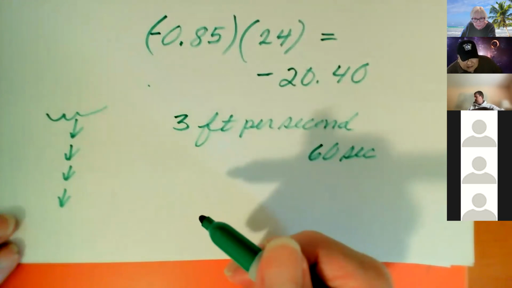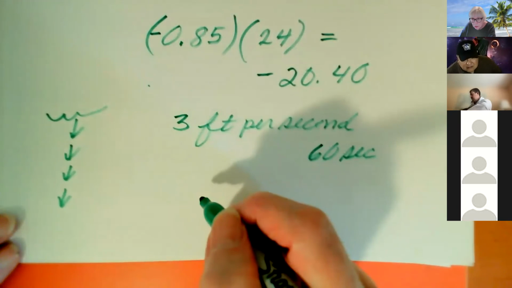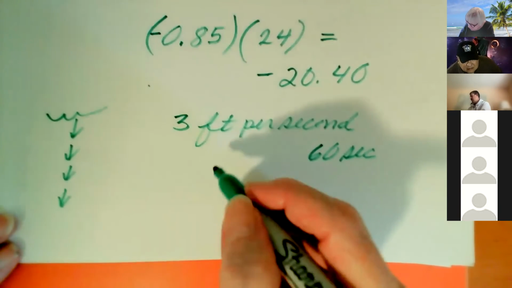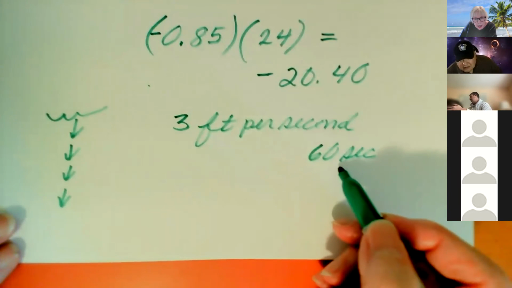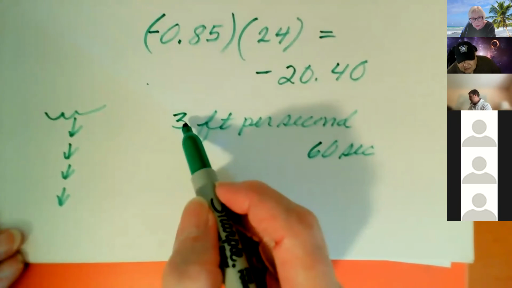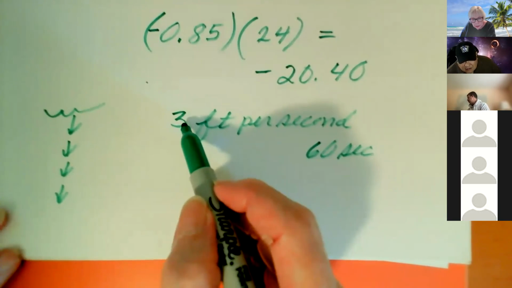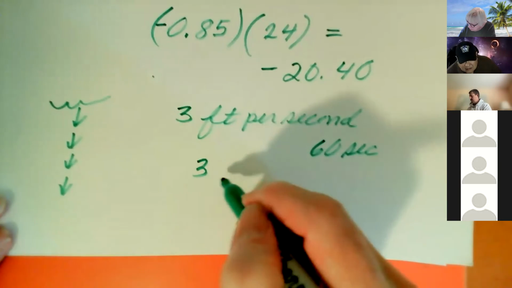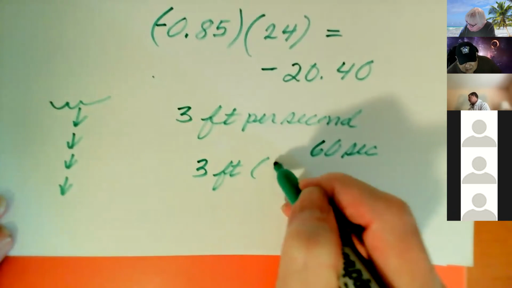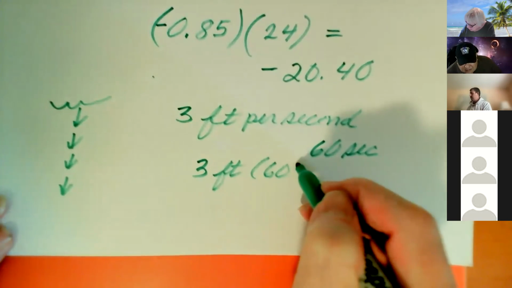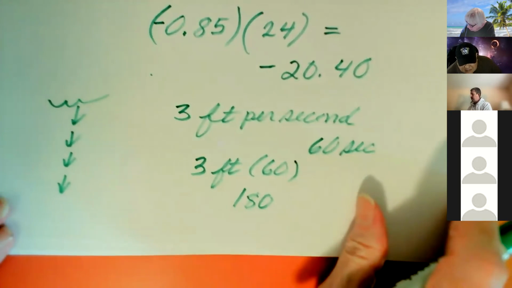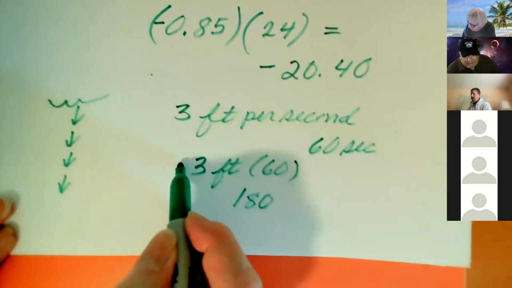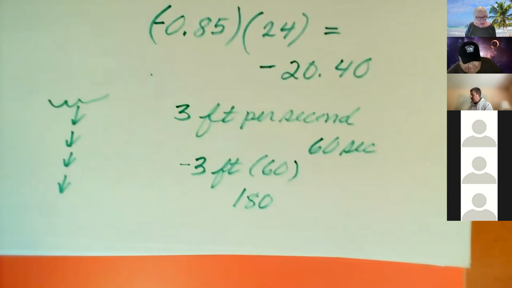Is that -60? Well, it's 60 seconds, but you're losing 3 feet every second. Oh, okay. So it's 3 feet times 60. That's 180. But then they want you to realize that you're going down.